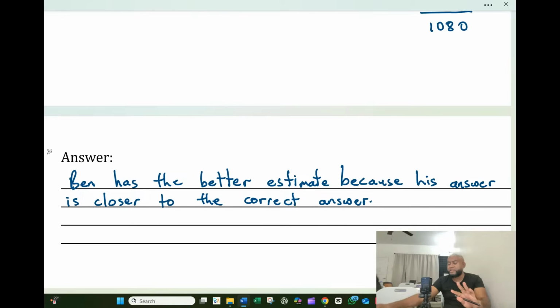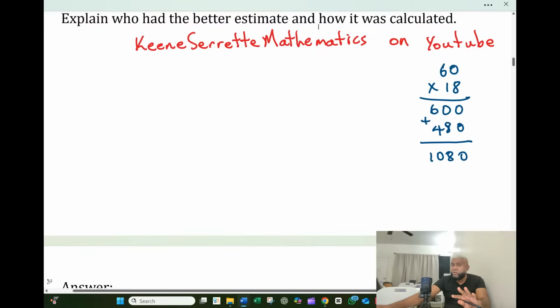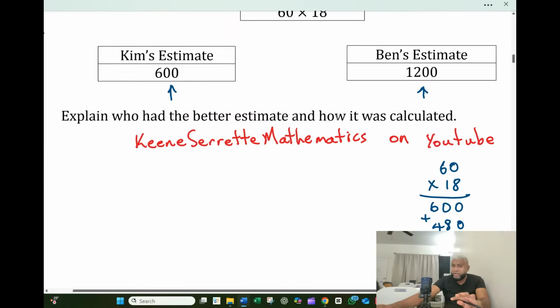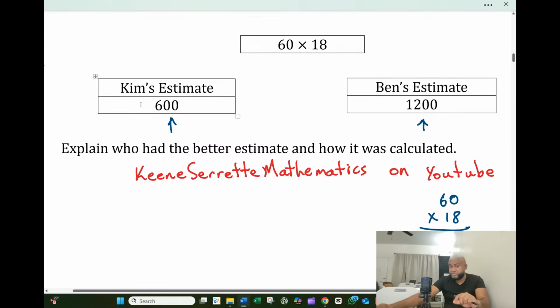Now, the second part of the question said how it was calculated. I'm assuming they mean how was this 600 calculated and how was this 1200 calculated. Here what I gather, this 18, I think that Kim estimated 18 down to 10.